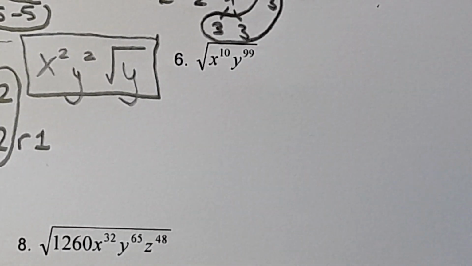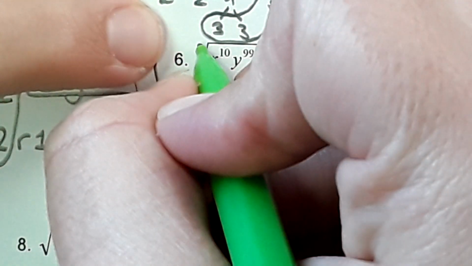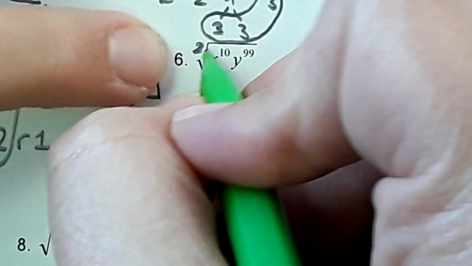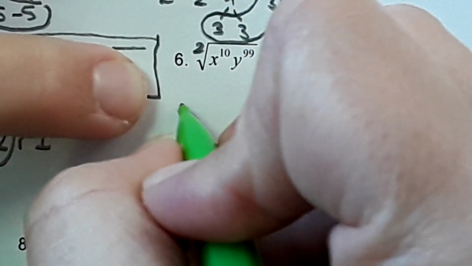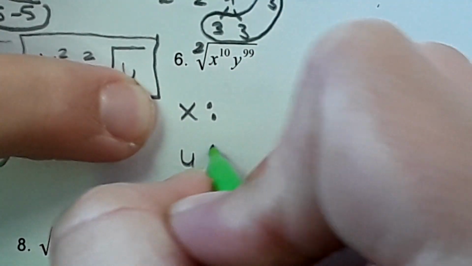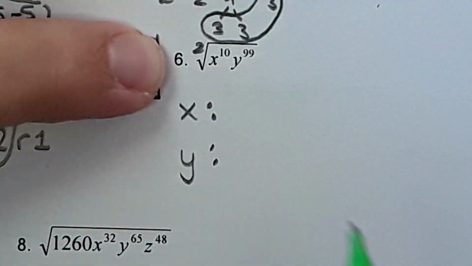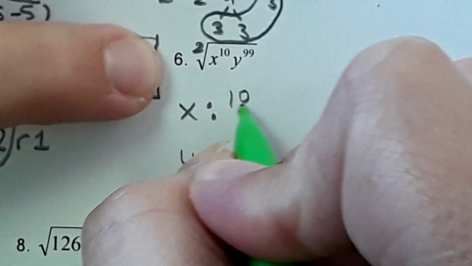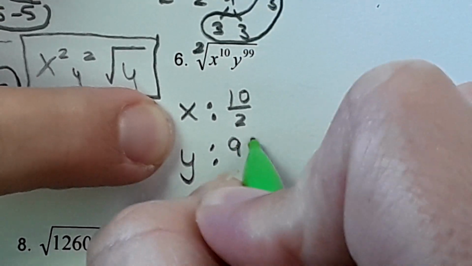Okay, number 6, repeating the same process. It doesn't have a number here, so it's just a regular square root with a 2. So we get our x's and our y's. The 10 divided by 2 and 99 divided by 2.